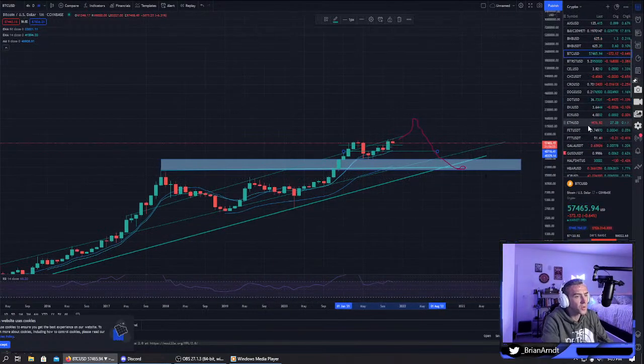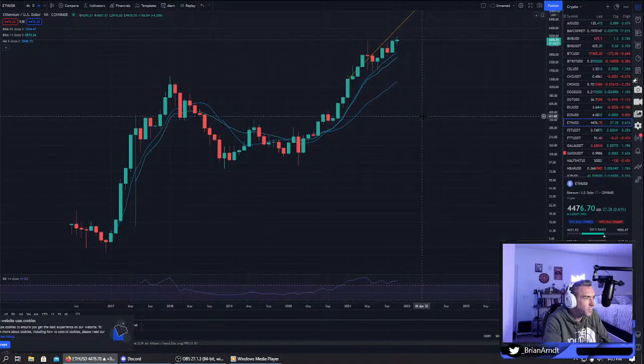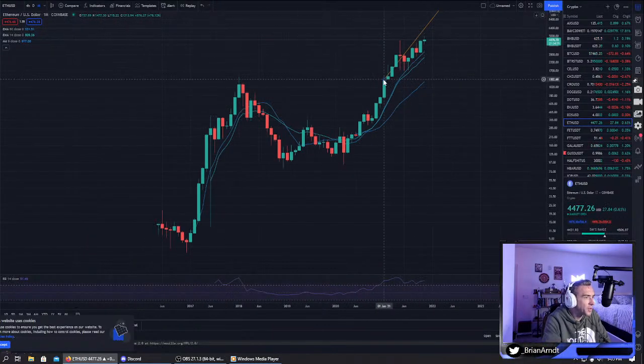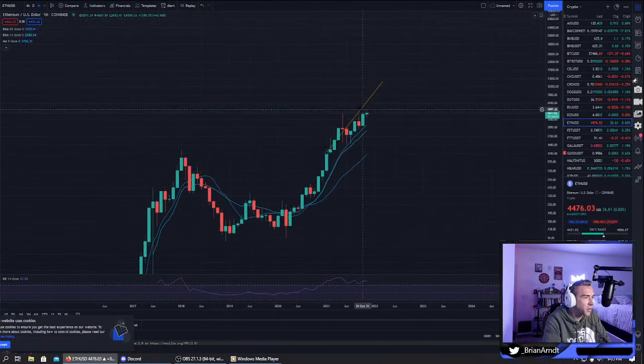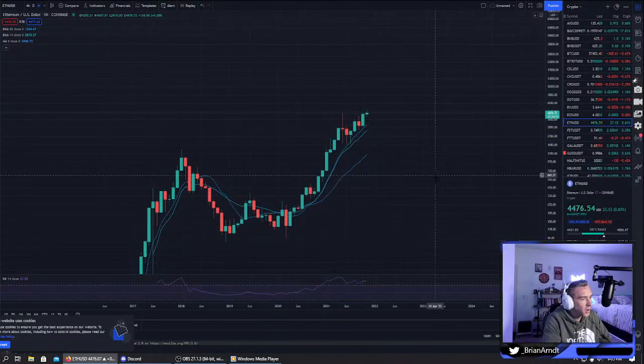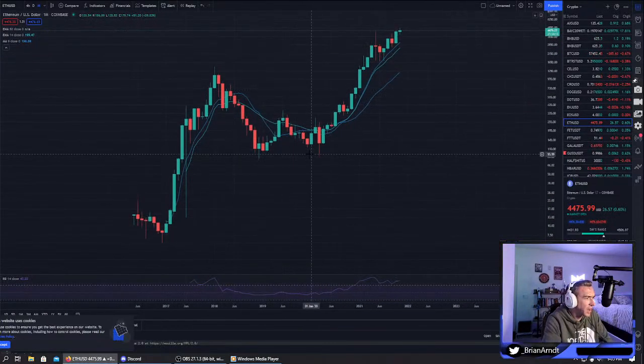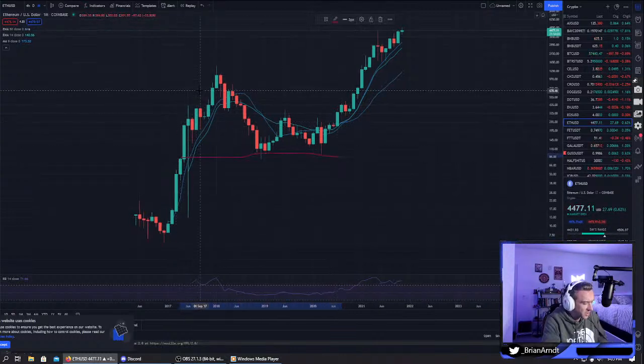So let's move to Ethereum. And we're on the monthly chart here, so we'll just go ahead and work backwards. Again, I don't necessarily have any zones on this chart right now, but I think this one looks pretty good, right? Oh, that's not the tool I wanted.